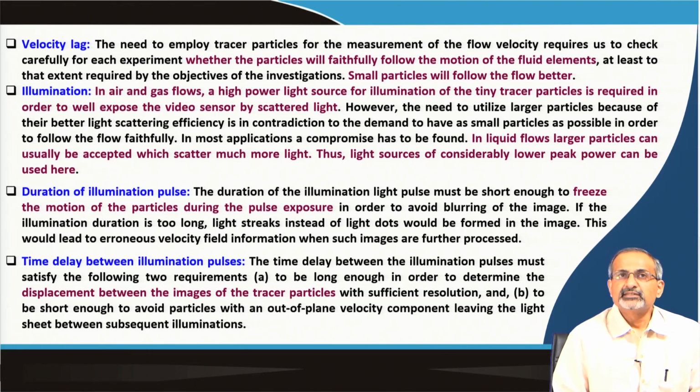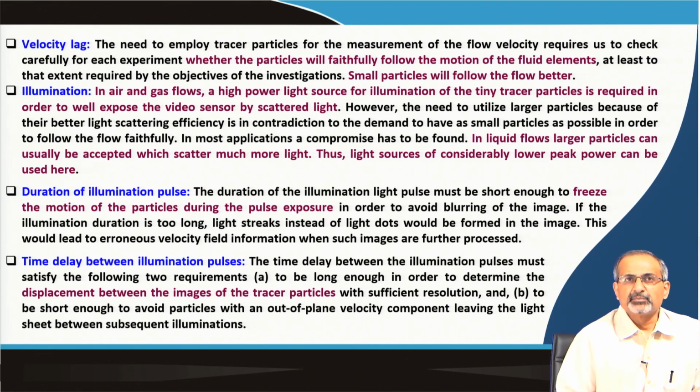This problem is much reduced in liquids because of the buoyancy effects, which are significantly higher there because of the higher density of the liquid. Therefore, larger particles can be comfortably used in liquids, and then much lower power light sources may be used for illuminating PIV tracer particles when liquid media are used.